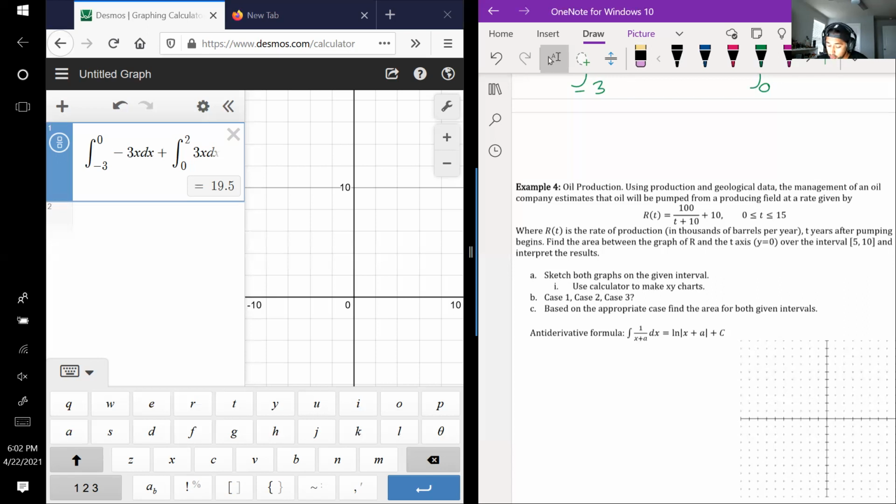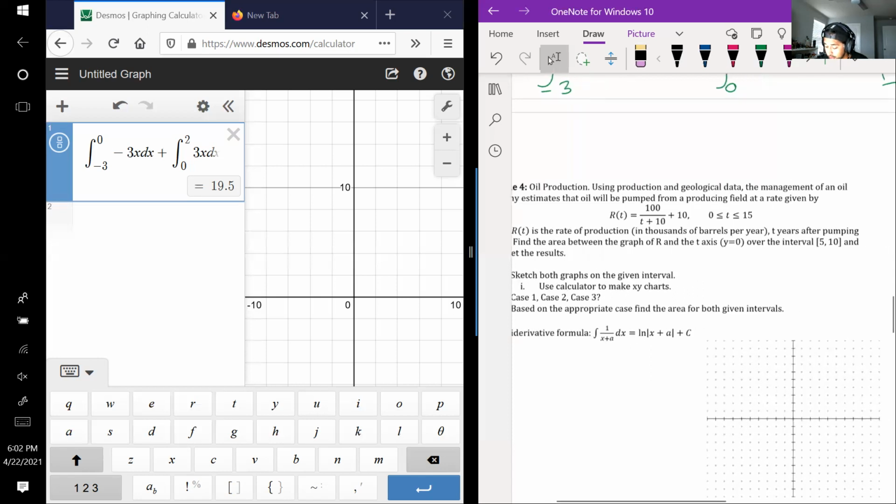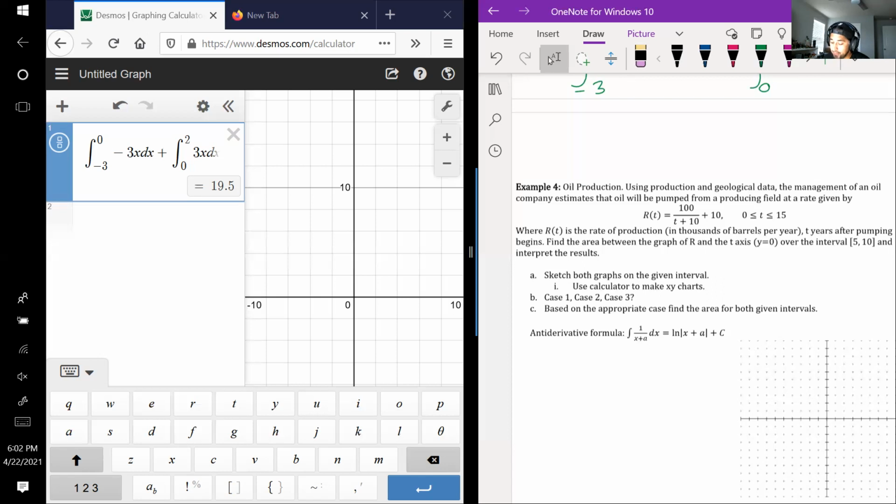R of T is the rate of production in thousands of barrels per year, T years after pumping begins. Find the area between the graph of R and the T axis.